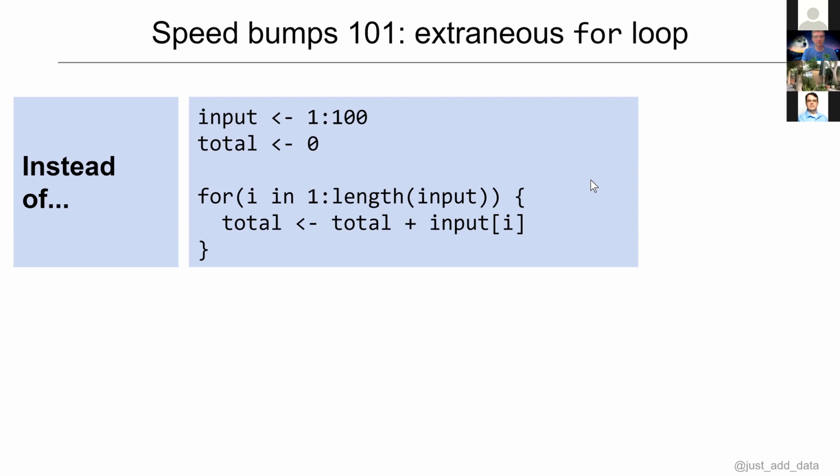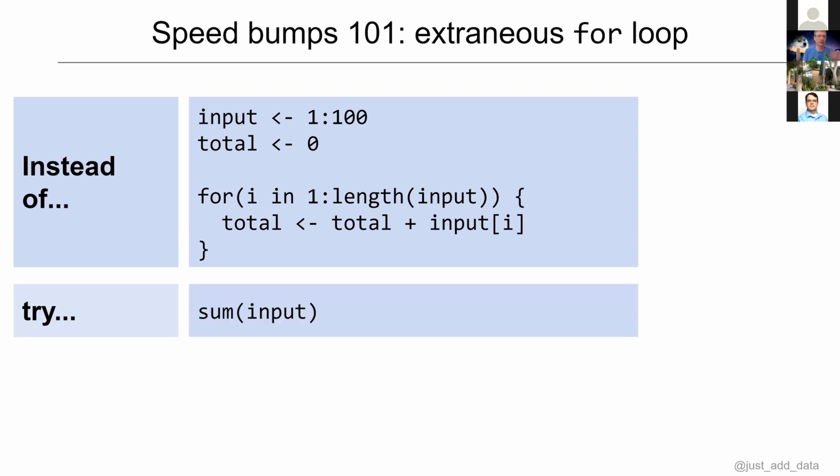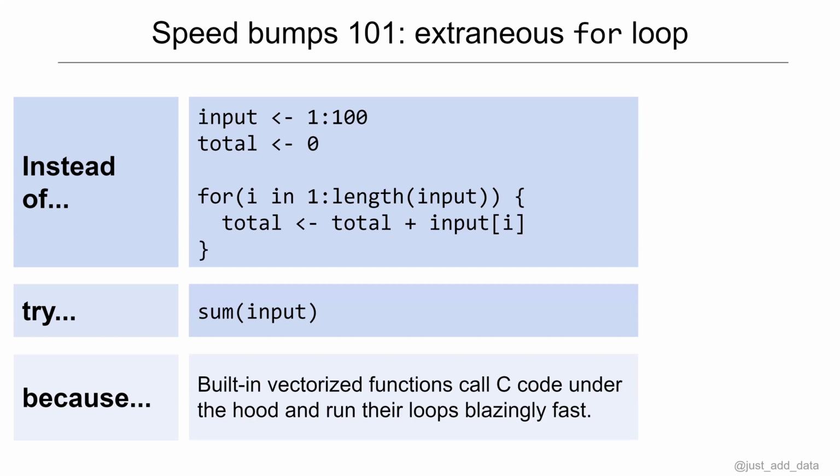Of course, we know that's not the best way to do it. In R, thank goodness, we just have this sum function. So you just take your input, you throw it into sum, and then what's happening is, of course, we have these built-in vectorized functions that call C code under the hood and run their loops super fast. So that's what's happening here.